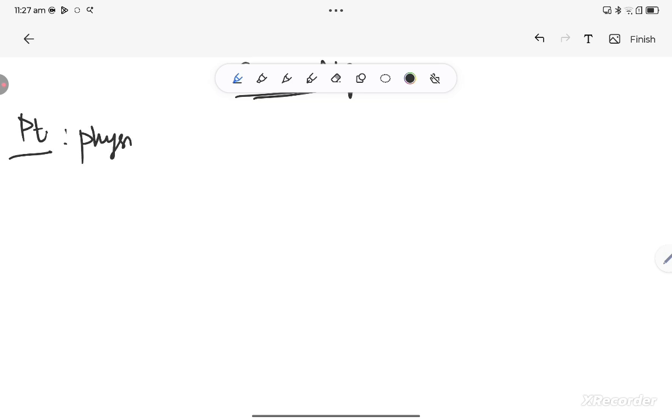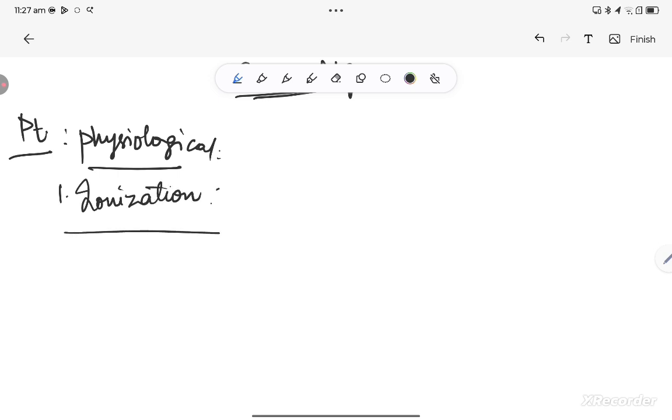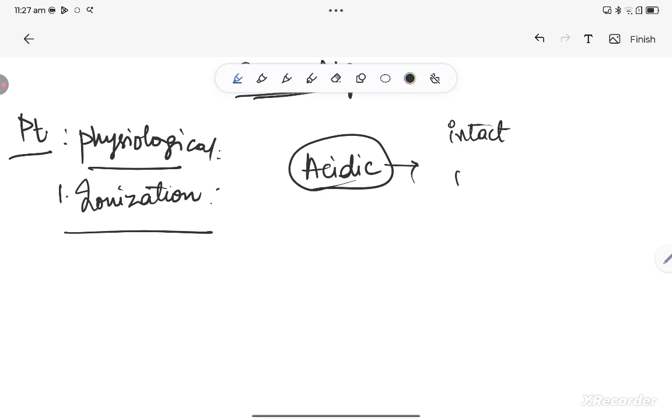Yes, in physiological factors, we will start with most important, ionization. Clear? Usually, let us say we have an acidic drug. Let us say acidic drug stays intact in acidic medium. Yes, whereas it ionizes or it becomes salt. Yes or no? In a basic medium.